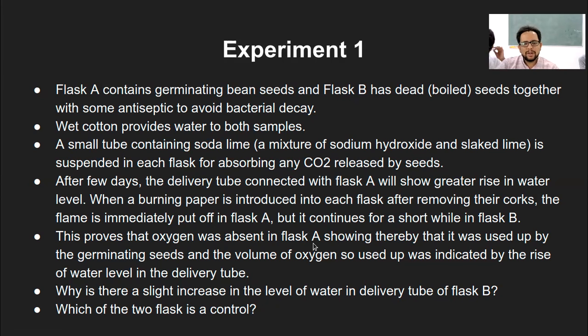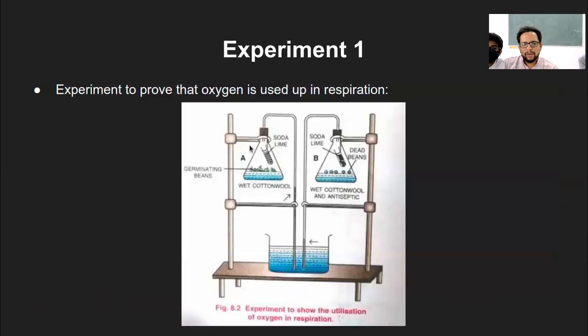Obviously it will be utilized by these seeds, which will respire and exhale carbon dioxide, and because of this carbon dioxide the soda lime solution will turn turbid. So the seeds will take up all the oxygen and generate carbon dioxide. That carbon dioxide will turn the soda lime solution more turbid, or more non-transparent.